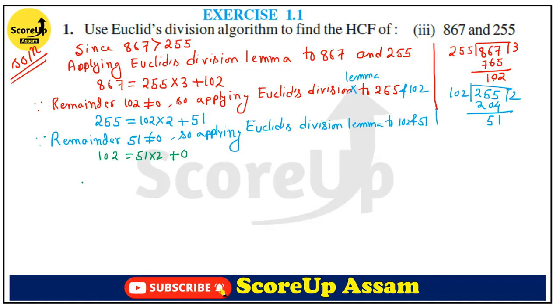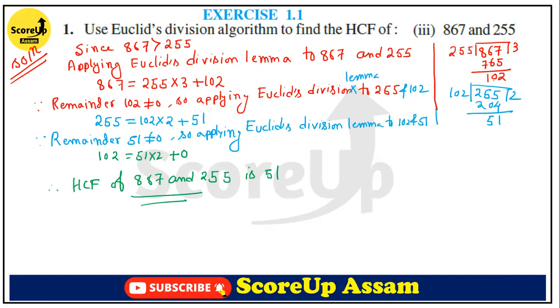Okay. So which one is our HCF? Therefore the HCF of 867 and 255 is 51. Why have we stopped at this step? Because at this step the remainder is 0.